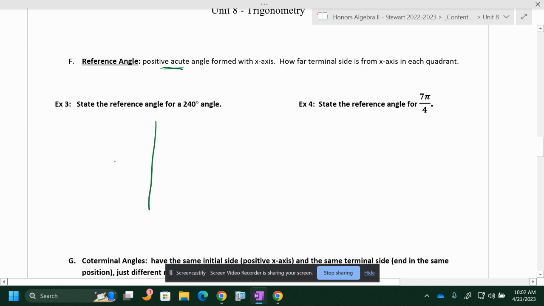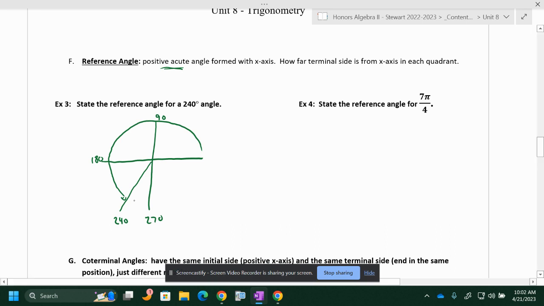So I'm going to go here. Remember, this is 90, this is 180, this is 270. So if I'm going counterclockwise, 240 is going to land me right about in here. What I'm looking for is the positive acute angle formed with the x-axis.